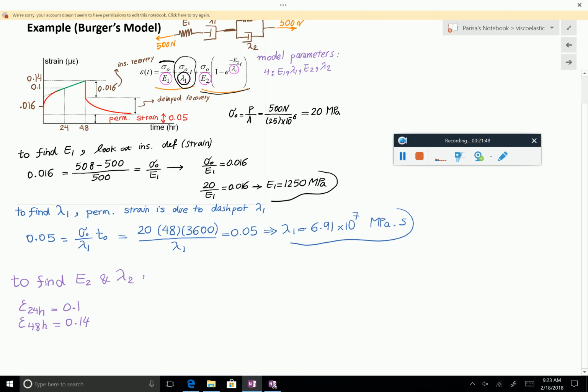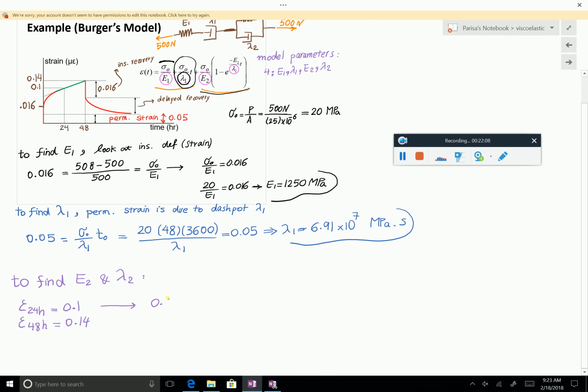So what we could do is just substitute in the equation. So if the strain at 24 hours is 0.1, we can just substitute in the equation for a strain.